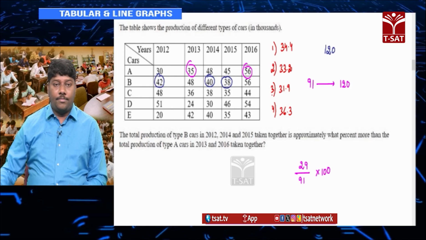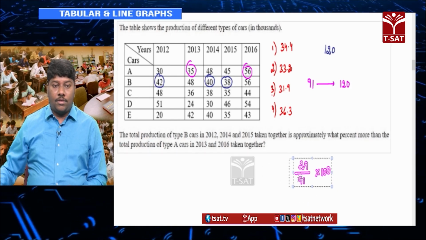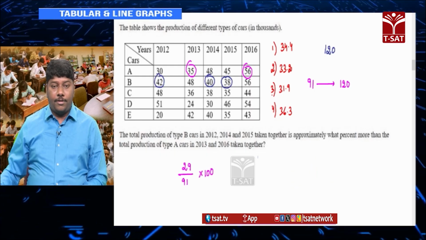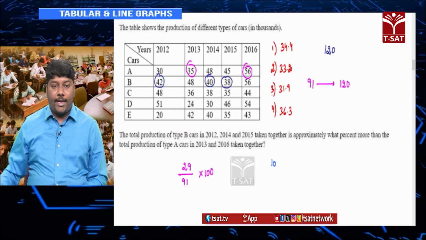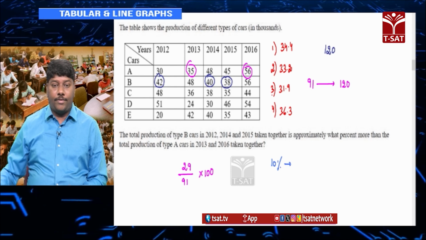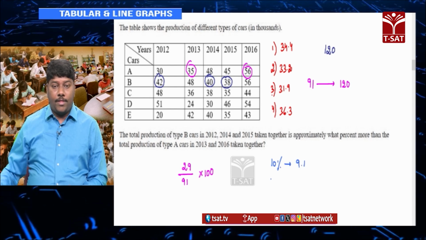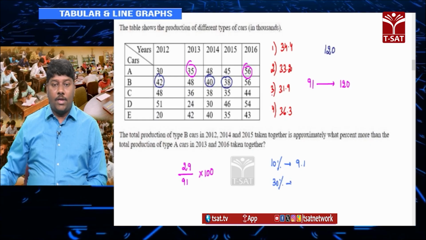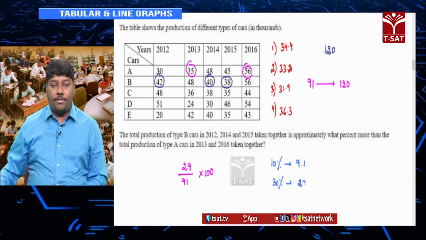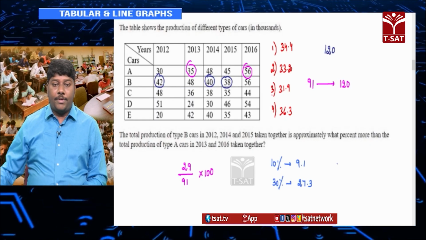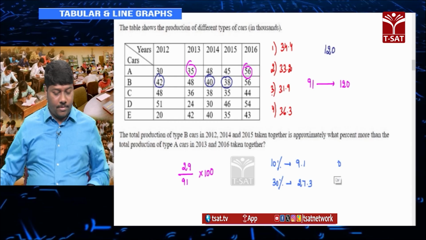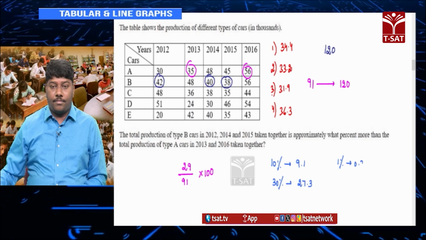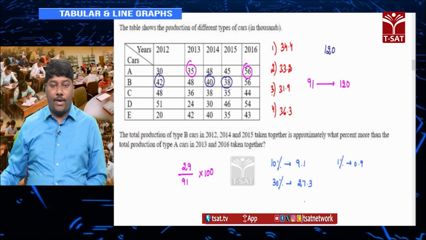Now I told you, in terms of percentage, how do we do it? See, when you take 10% of your denominator, it is actually what? 91. 10% of 91 is 9.1. Therefore, I can say 30% gives you 27.3. 1% is 0.9. If I take 1%, it's actually 0.9. So 2% is 1.8.